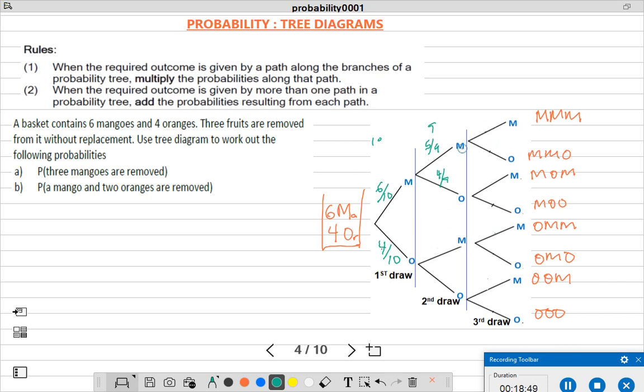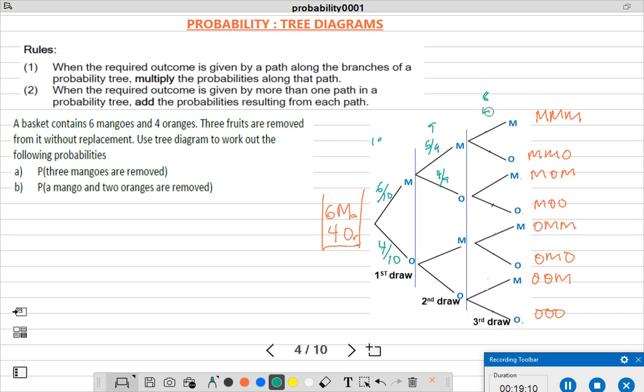Now here, once again, if you are to remove a mango, that means you have removed a mango, another mango. Now you are left with 8 fruits. If you remove the 2 mangoes, that means you have 4 mangoes now.